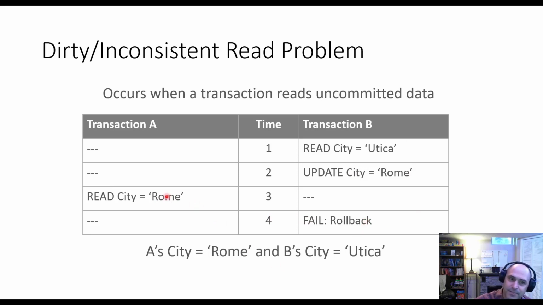And it should be Utica, but this person is now using it and assuming it's Rome. Because this was temporary, it never got committed, and therefore it was in that little workspace, and nobody else should have been violating that workspace. And as a result, this person is now using dirty data. And this is a big problem, and something that we can demonstrate in the DBMS, and will.